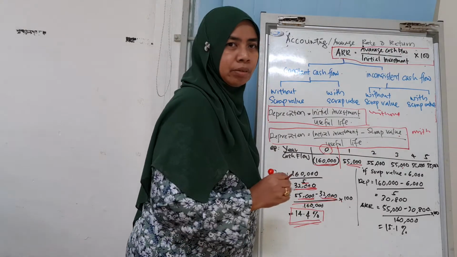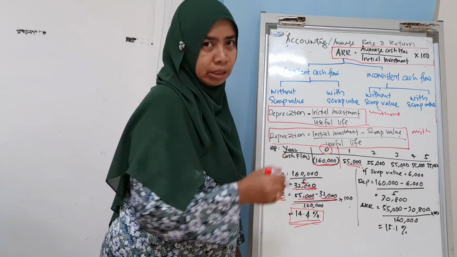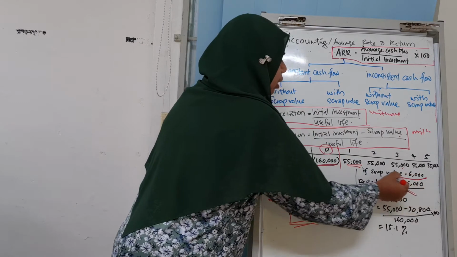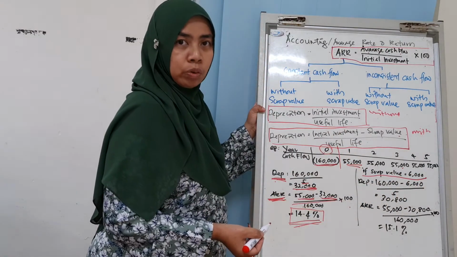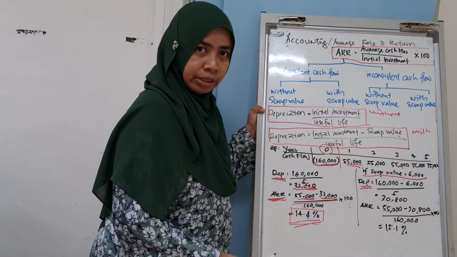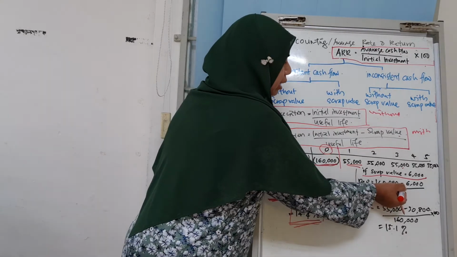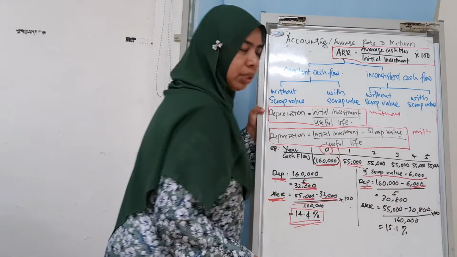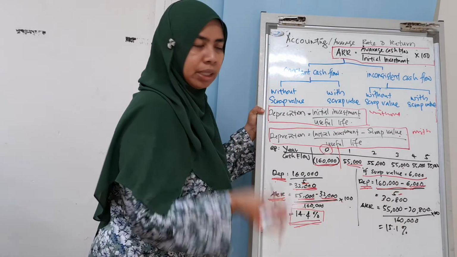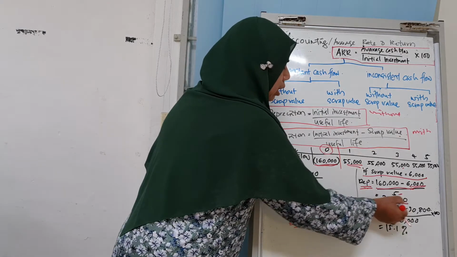In this question, it states that they have a scrap value of 6,000. First you have to calculate the depreciation: 160,000 minus 6,000, divided by useful life 5, the years of the project. So you will get 30,800.